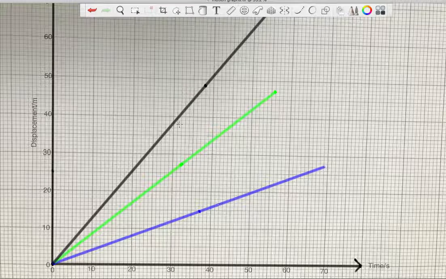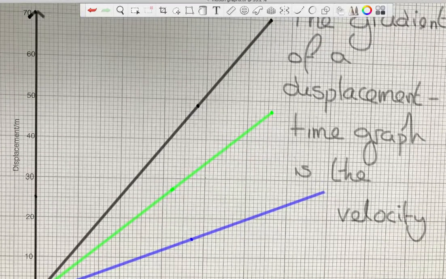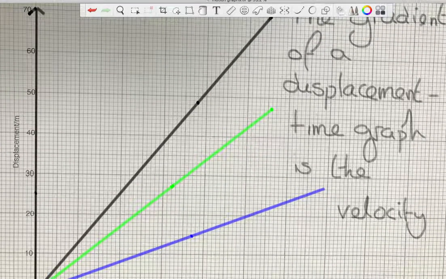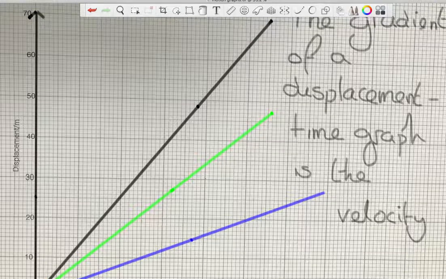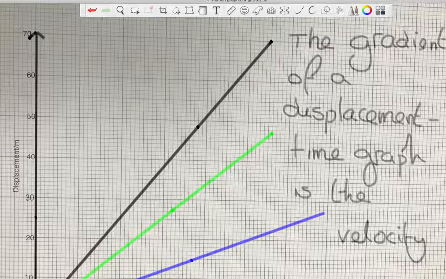The steeper the line, the bigger the velocity. So that's what our displacement time graph tells us, that the gradient of a displacement time graph is the velocity. So that's the first important thing for us to have in our minds.